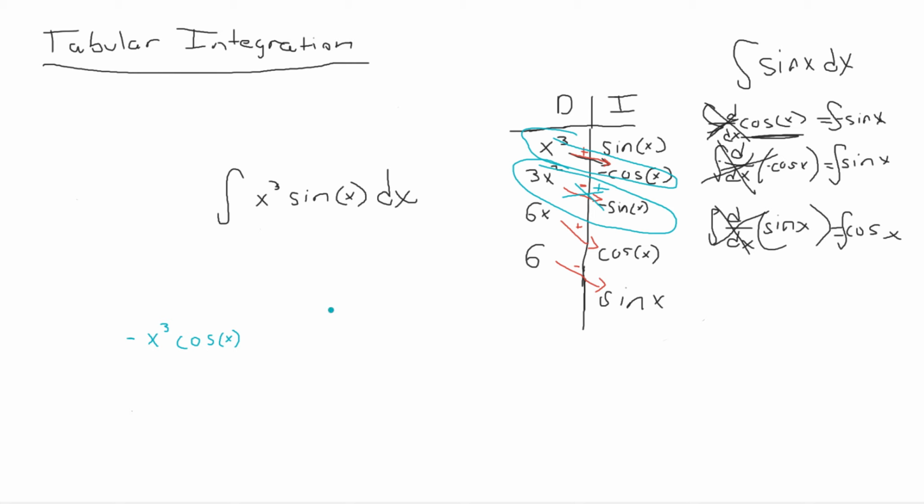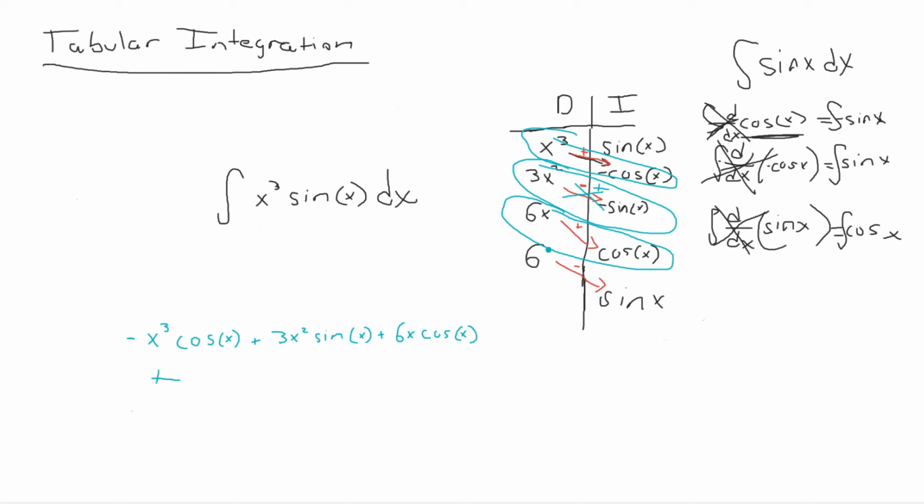So we have plus 3x squared times sine of x. Then we take these, multiply them, it's positive, so we don't need to really do anything there. So plus 6x times cosine x.